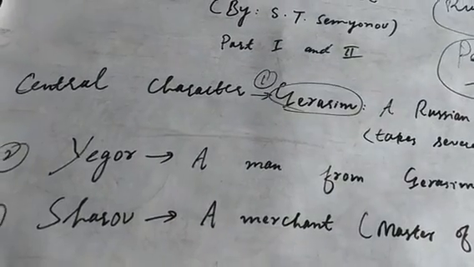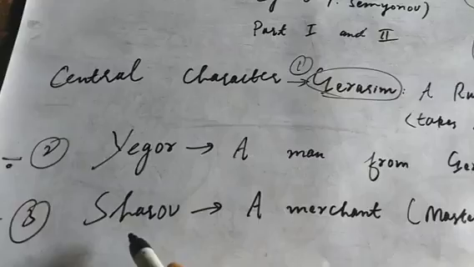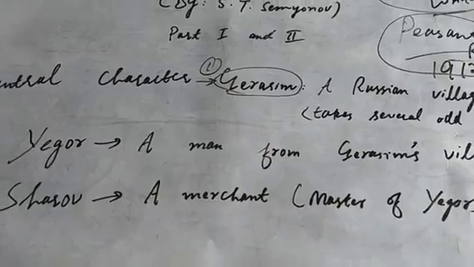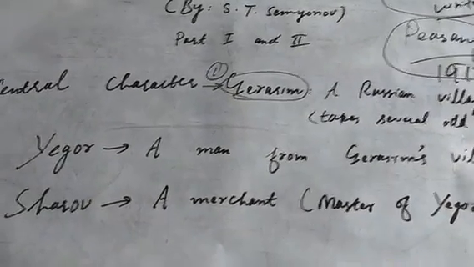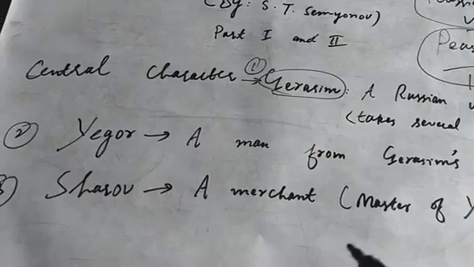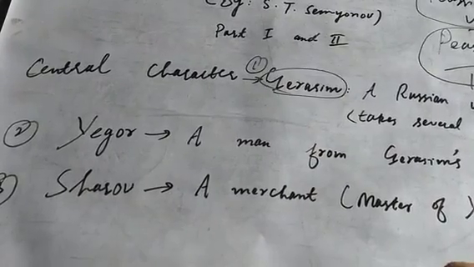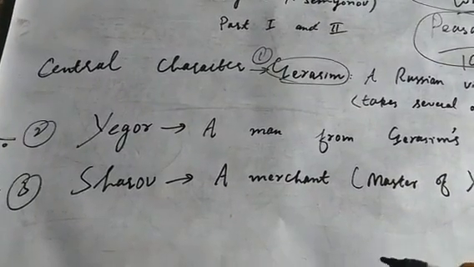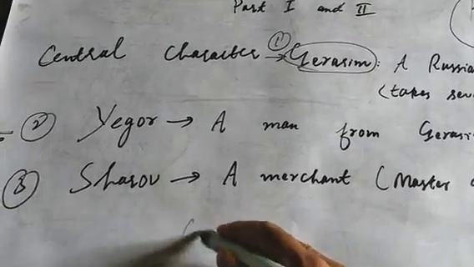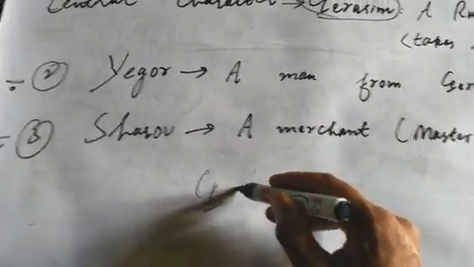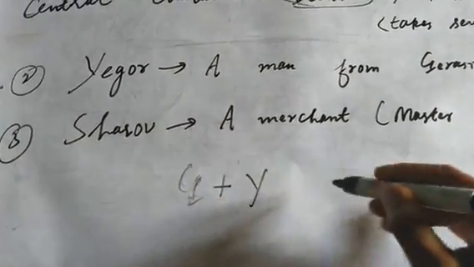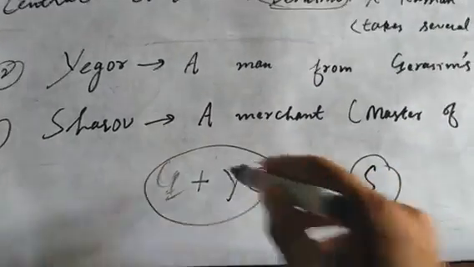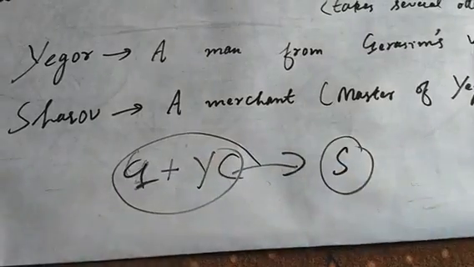He is a coachman to whom? Shirov. Now, Shirov is a merchant. Here is a contrast. Shirov is a merchant, but Yegor and Gerasim are peasants. We will see that on one side there are Gerasim and Yegor, and on the other side there is Shirov. So peasants versus merchants. Are you getting me?